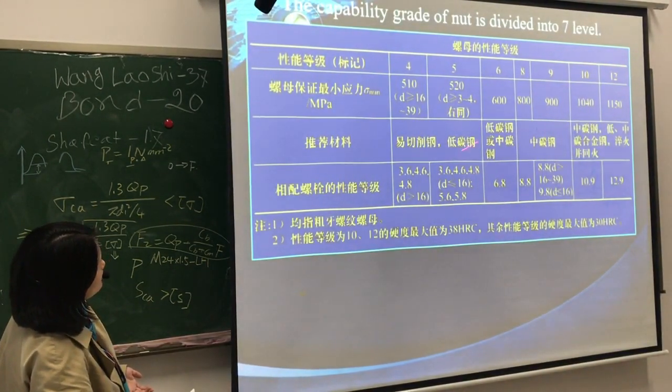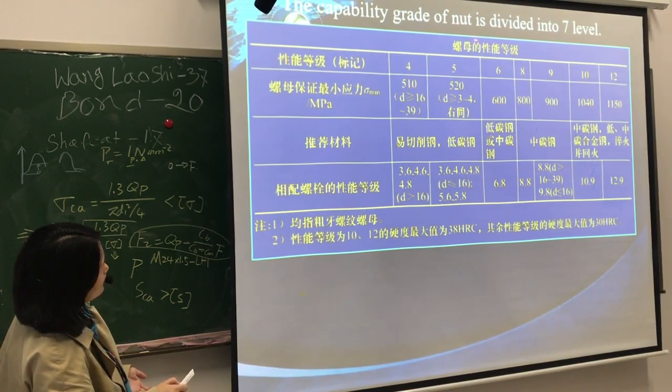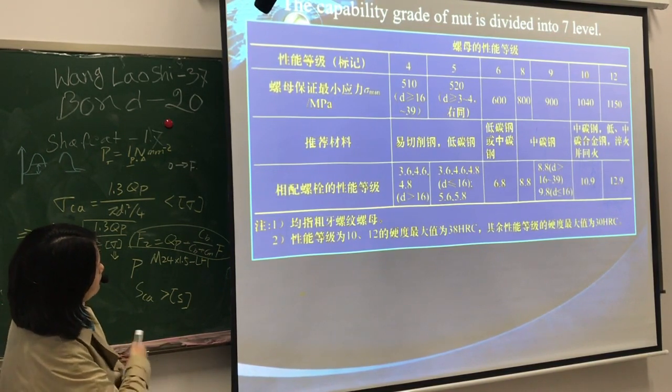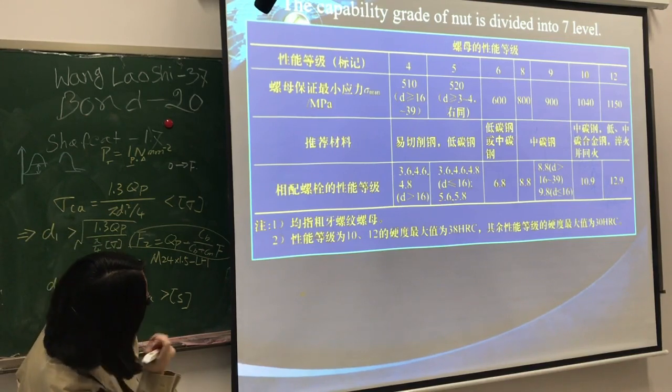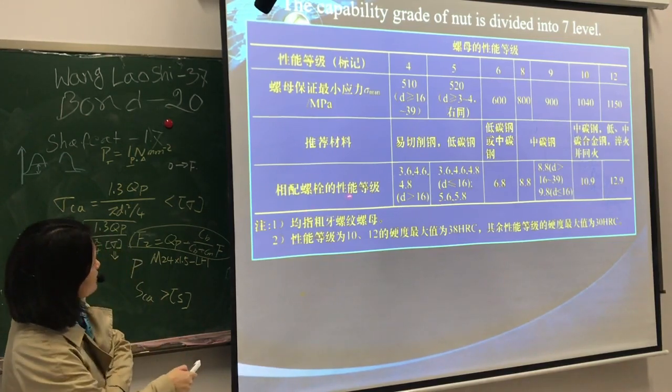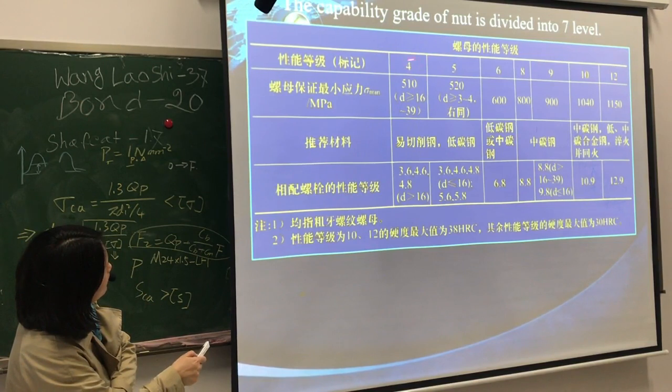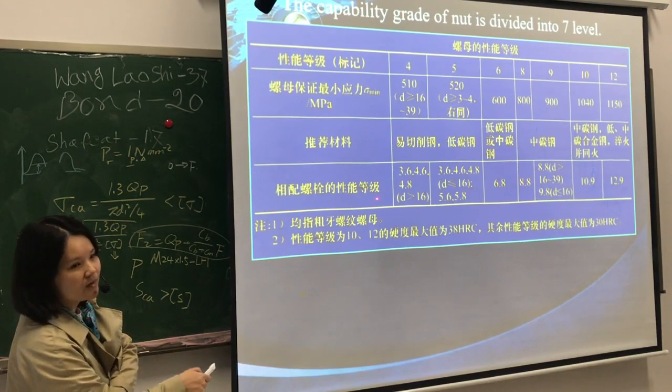And this is the capability grade of the nut. It's divided into 7 levels. This is the grade of the nut, and this is the grade of the bolt.